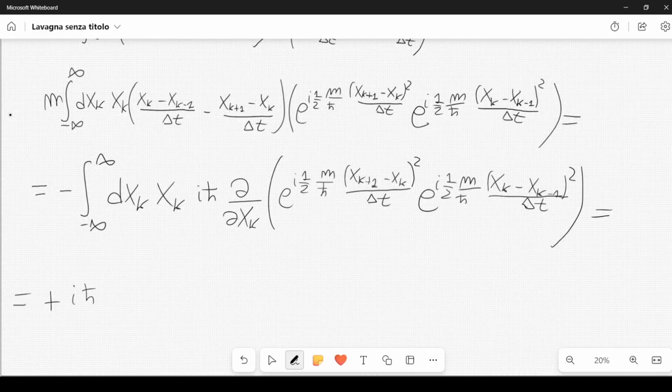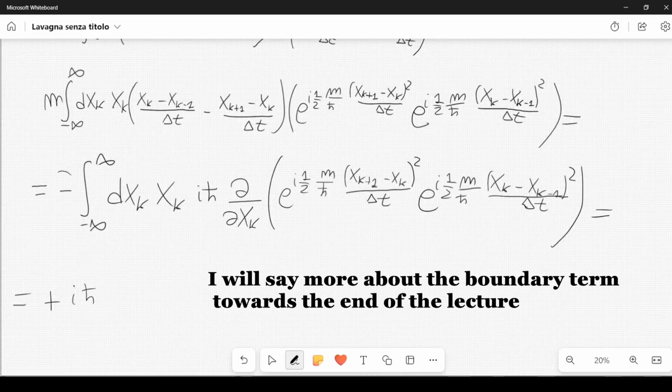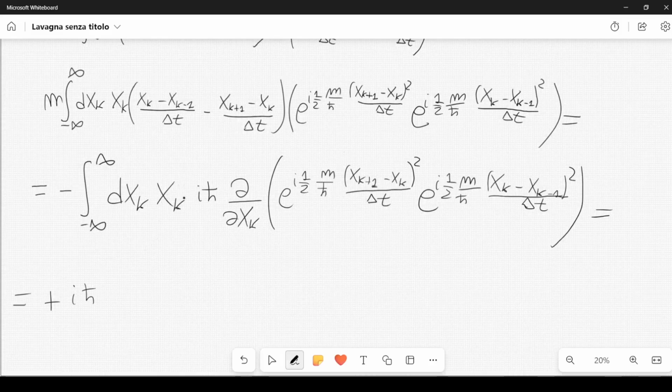Now, without being too technical about the boundary term that we will simply neglect, we will only consider the other term that we get by changing the sign of this integral and taking the derivative with respect to x_k of x_k here, so we get 1 from that.